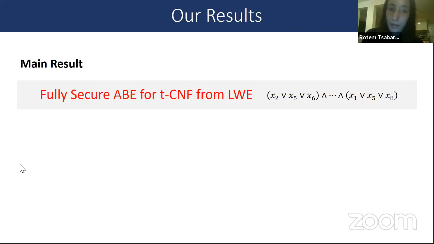By t-CNF, I mean a CNF formula where each clause only has a constant locality, so it only depends on t bits of the input. So for example, 3SAT is 3CNF. Question?